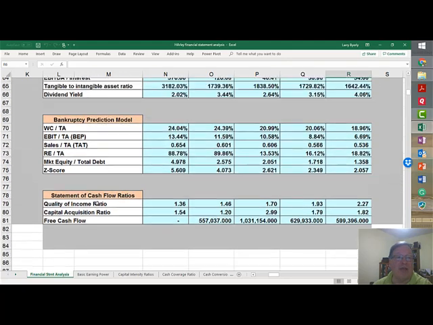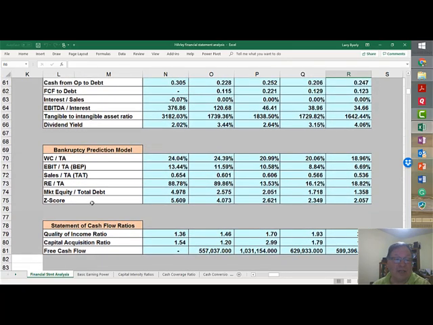If we scroll down even farther, you'll see there's actually a mechanism that's called the Altman Formula. That's a bankruptcy prediction model. Numbers greater than 2 means very little chance of bankruptcy. So if you look across here, you can see Harley's in no real big problem.